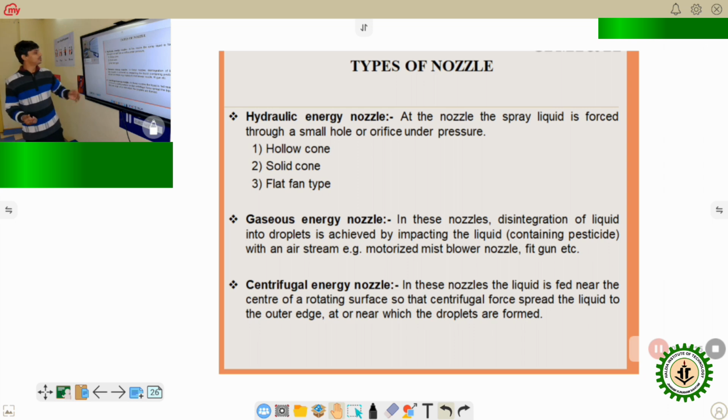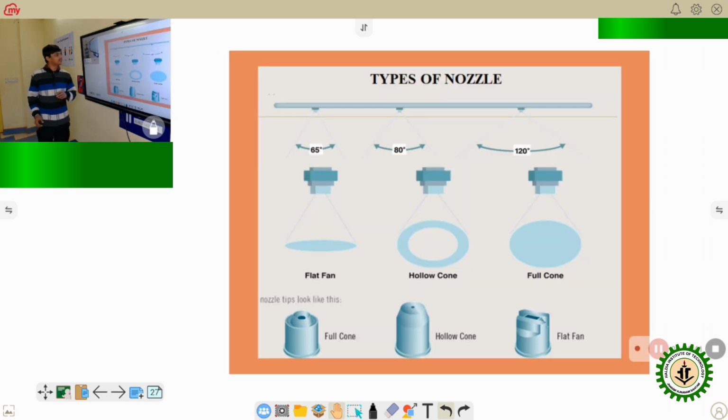One is the hollow cone nozzle, another is the solid cone nozzle, and the flat fan type nozzle. Apart from that, gaseous energy nozzles are there, and centrifugal energy nozzles are there, which are operated by centrifugal energy. The gaseous energy nozzles are blast type nozzles and fed gun type nozzles. These are very effectively used in the field conditions.